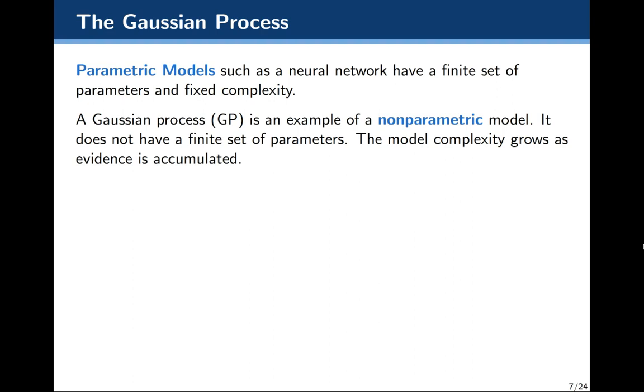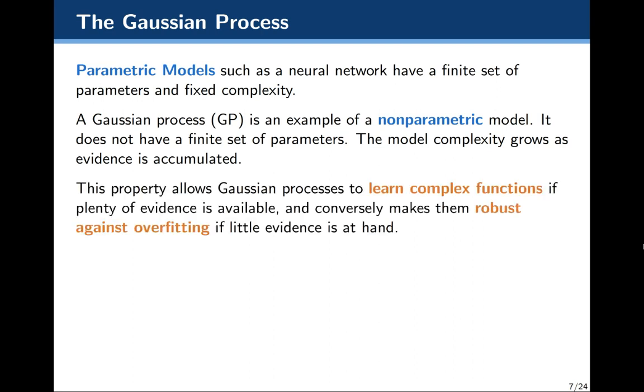And this is different from a Gaussian process. A Gaussian process is an example of a non-parametric model. So we don't actually have to write down a set of finite parameters beforehand. And the nice thing is that the model complexity grows as evidence is accumulated. So unlike a neural network where if we specify a very large neural network and we don't observe much data, then it has the potential to overfit because we've specified a really complex model.